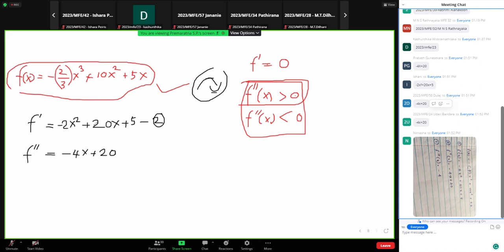Now, when you draw the curve, say here x, here y, if the value is less than zero, it becomes negative, then you get the concave property.